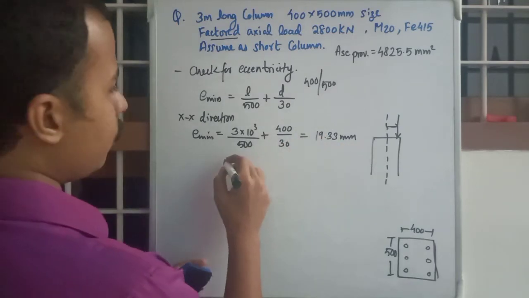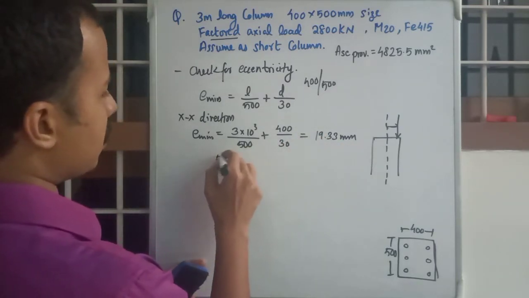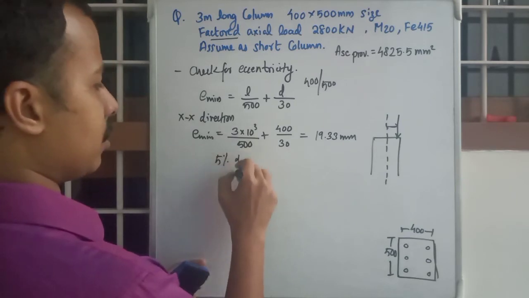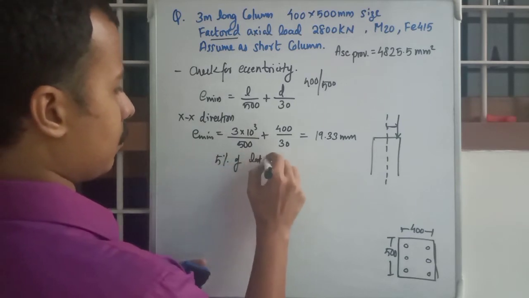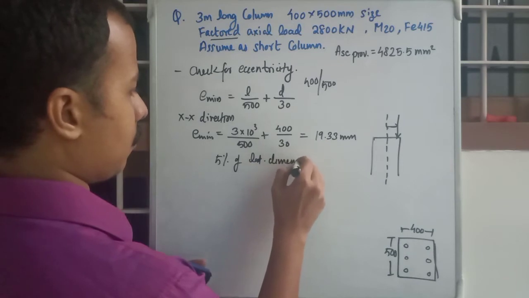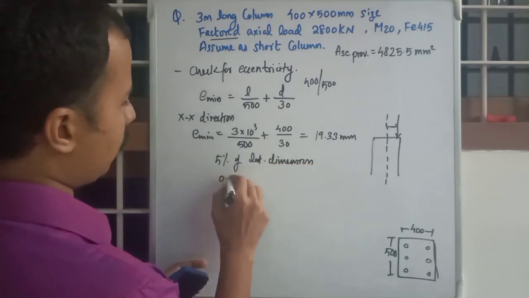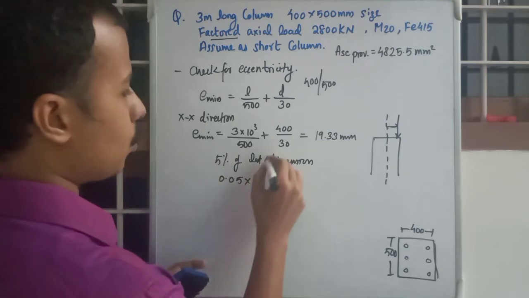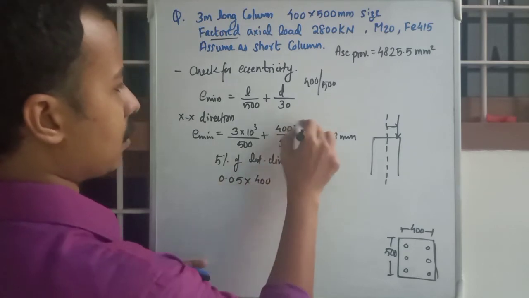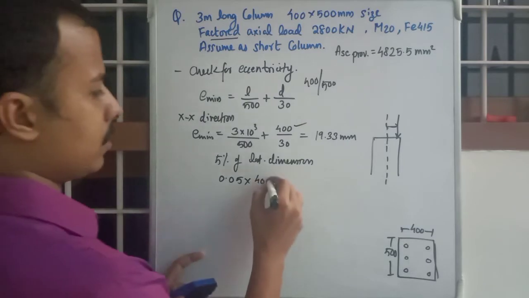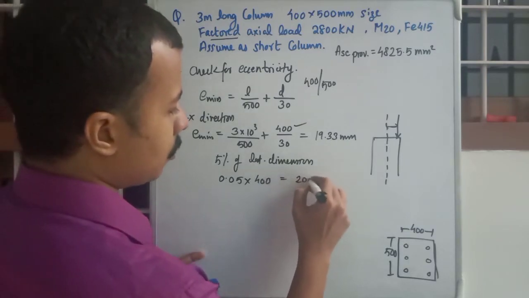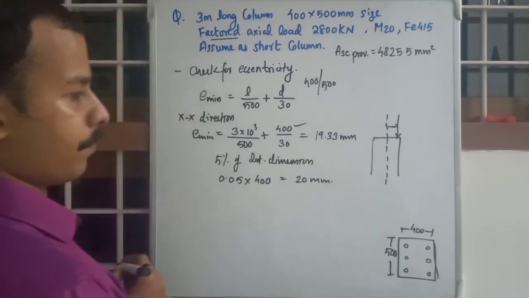We will compare with 5% of the lateral dimension, that is 0.05 into 400, that is 20 mm.